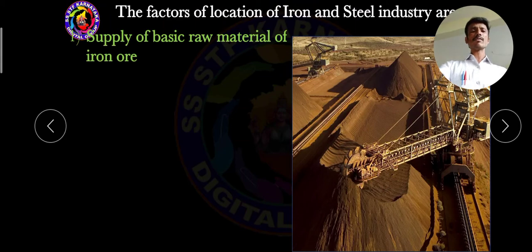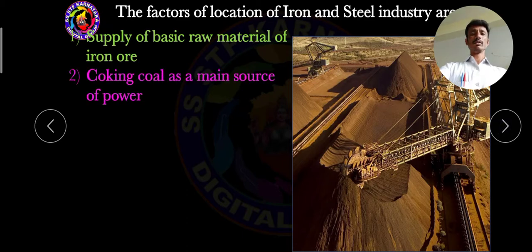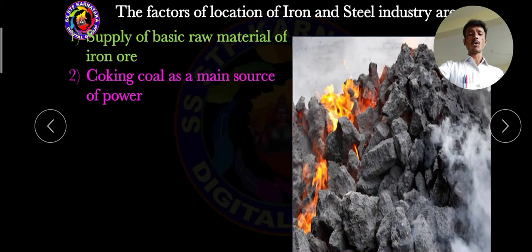Iron ore is very essential to run the iron and steel industry. Then coking coal. Here, dear students, coking coal is very important. It means heating; we have to heat the coal.